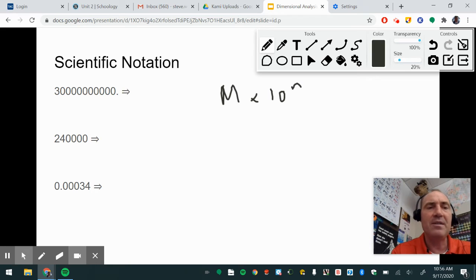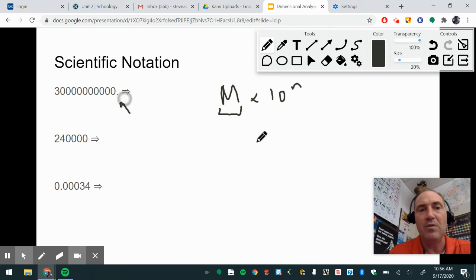So rather than write 3000, which is such a pain, you can write it in scientific notation. m is between 1 and 9.99999, so basically between 1 and 10. You move the decimal so that this number is between 1 and 10.